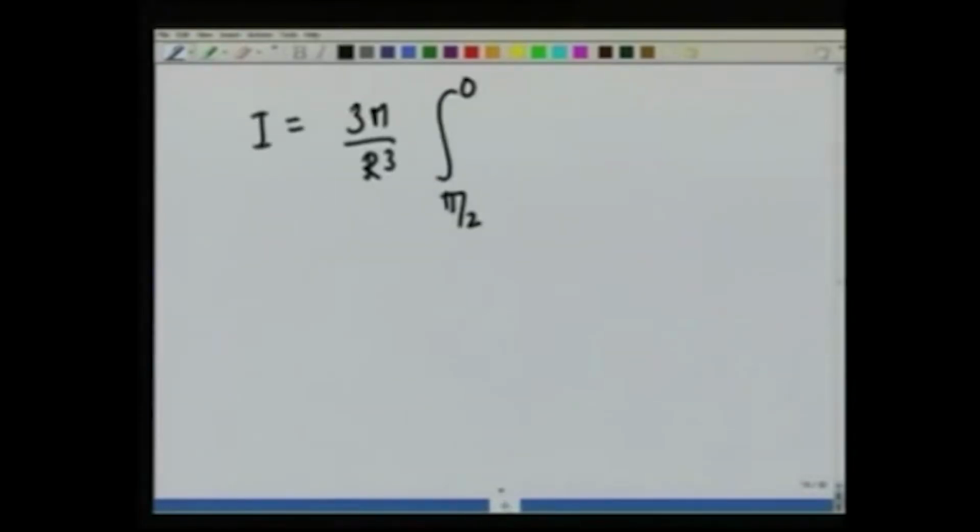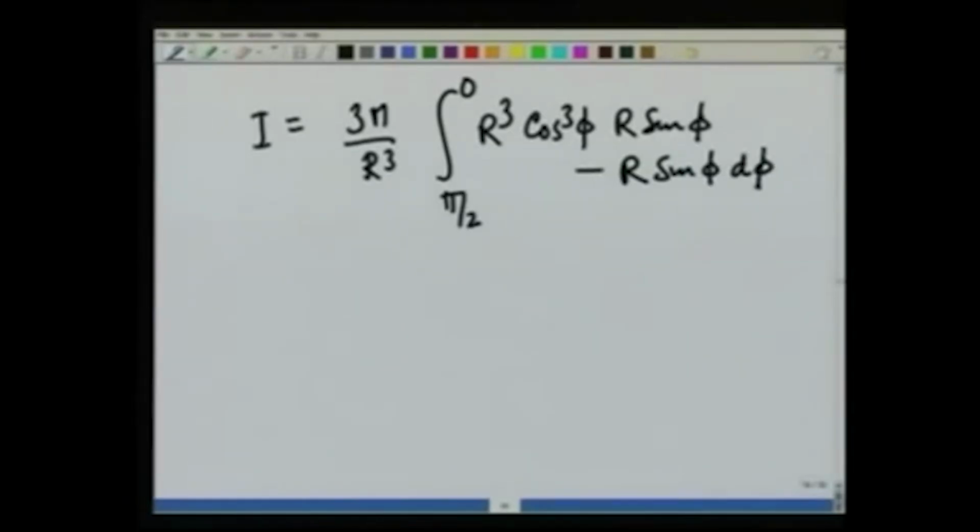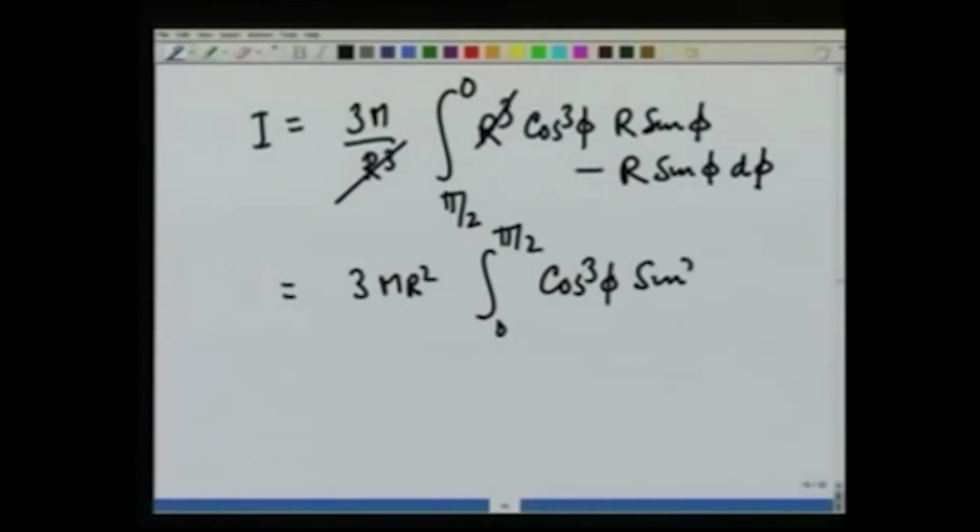For r cubed, I get R cubed cosine cubed phi, square root R square minus r square comes out to be R sine phi, times minus R sine phi d phi. This R cubed cancels, and I get 3 mR square, 0 to pi by 2, cosine cube phi sine square phi d phi.